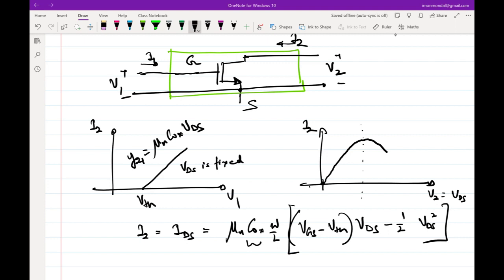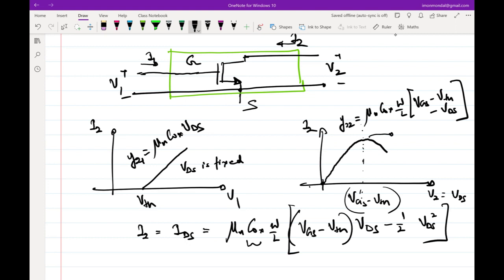Maxima or minima, you differentiate and set it to 0. So when you differentiate, what are you trying to get? You are trying to get Y22. Del I2 by del V2 is essentially Y22. So your Y22 will be mu n Cox W over L times (VGS minus VTH minus VDS). And when you set this to 0, you get the maximum of the curve, and the maximum of the curve happens when your VDS is equal to VGS minus VT.